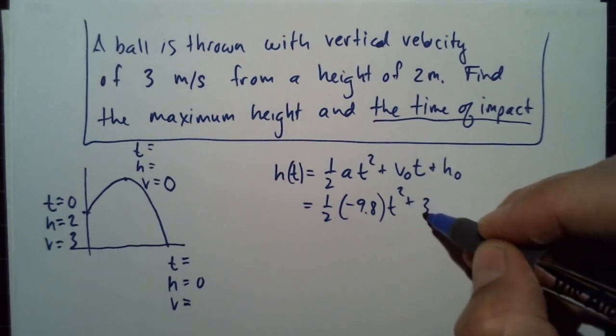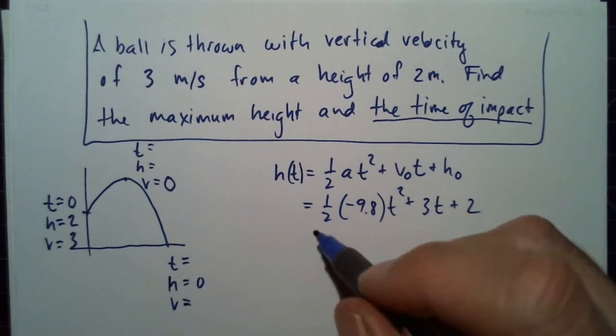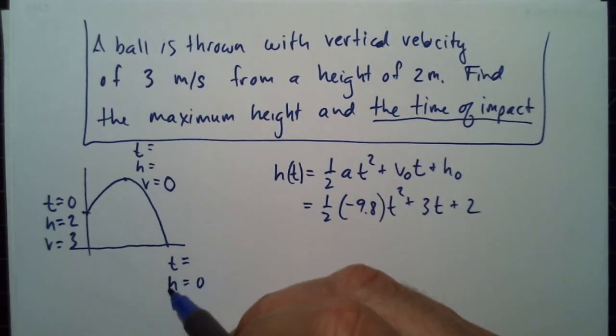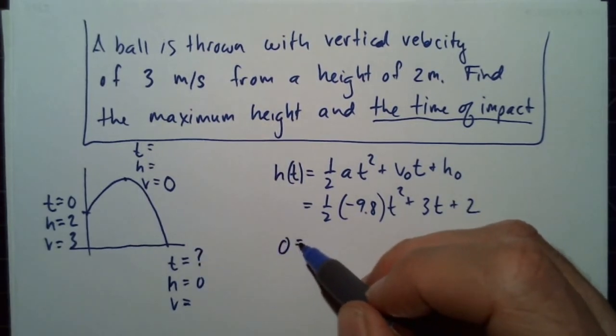Initial velocity 3, initial height 2. And we want to find the time when the height is 0, and that'll be the time of impact.